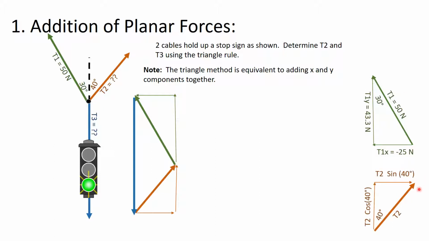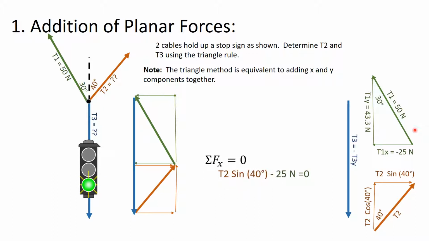So here's the next vector, and then we split this into the Y component and the X component, and here's our third vector, that's all in the Y component. And then after we've taken all the vectors and splitting them into parts, equilibrium says all of the x's and all of the y's have to add together to 0. So the next step is we're going to look at everything in the x direction and add those to 0, and everything in the y direction and add those to 0.